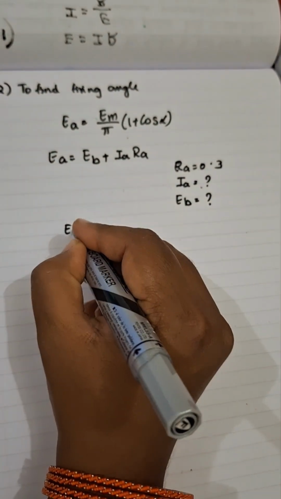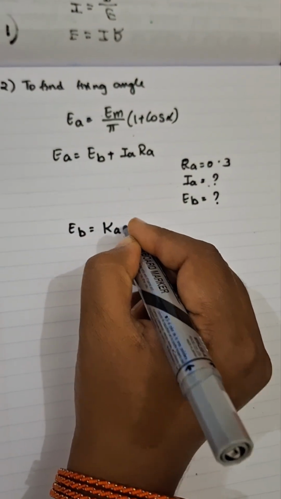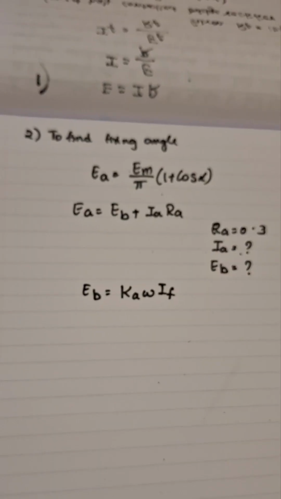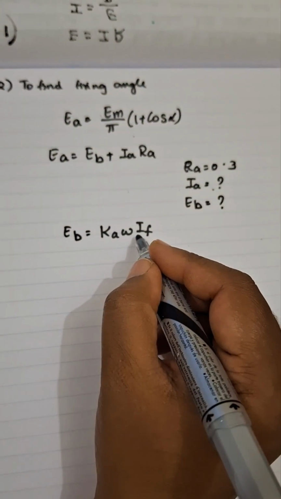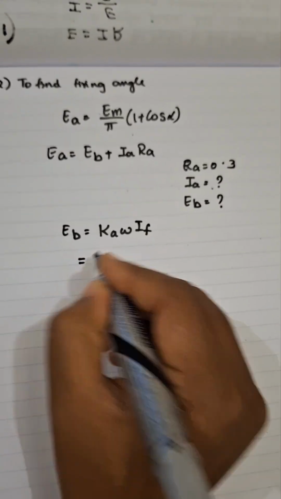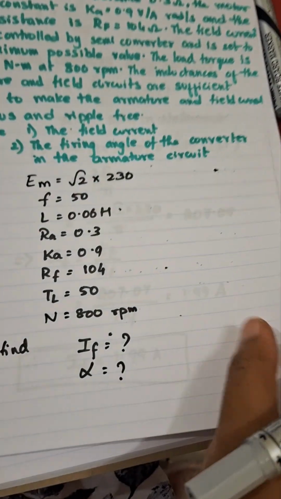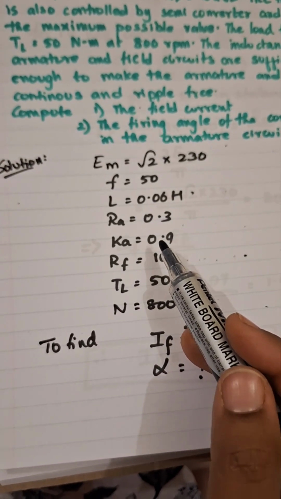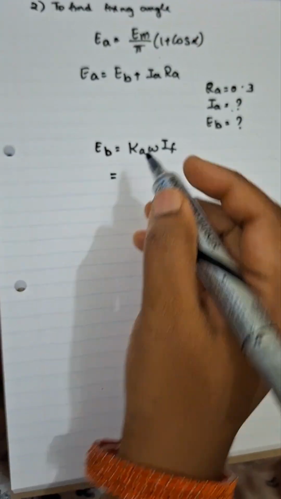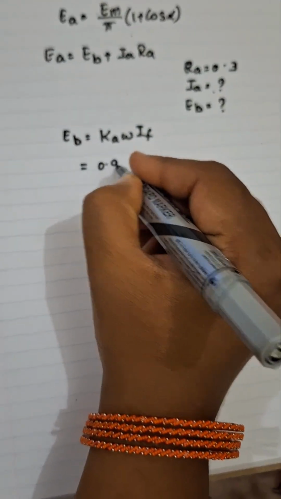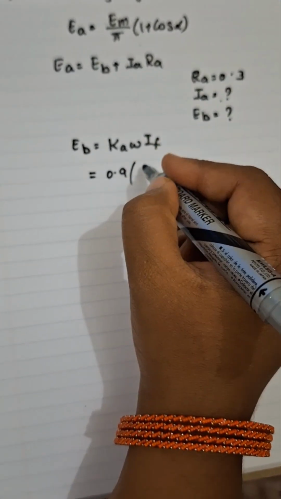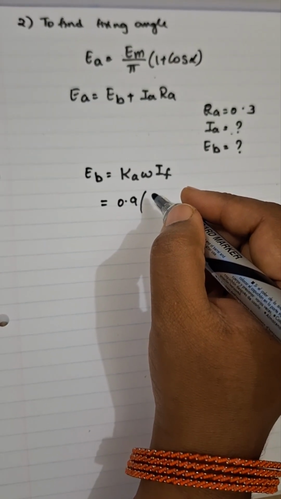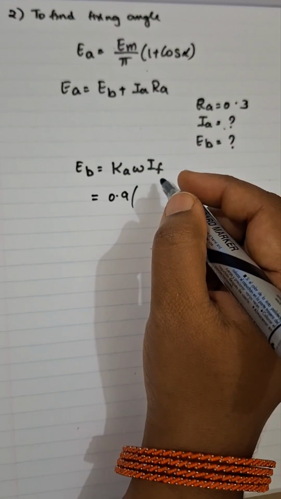EB is given as Ka omega IF, because they give a constant value. So Ka is given as 0.9. The motor voltage constant is given as 0.9. Then omega, we are not aware of omega.